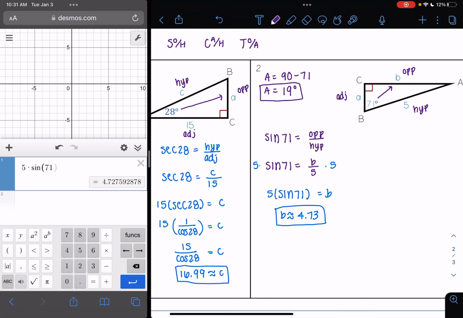And so this one actually with hypotenuse, it makes it a little bit easier. I can go ahead and just use cosine because hypotenuse is also in the denominator there, just to make it a little bit easier to solve. And so I have cosine of 71 is equal to adjacent over hypotenuse, since we're missing our adjacent side now. So I have cosine of 71 is equal to A over my hypotenuse, which is 5.